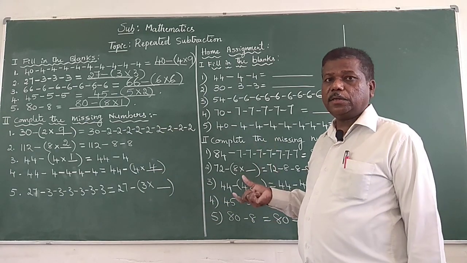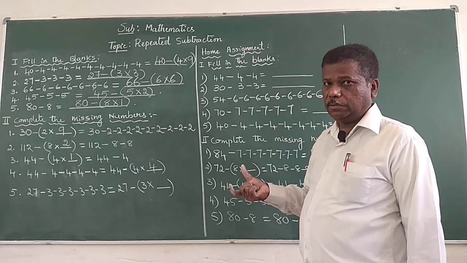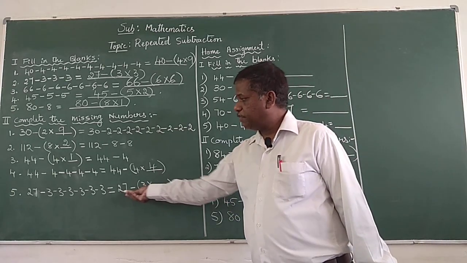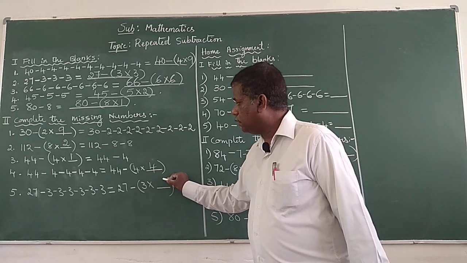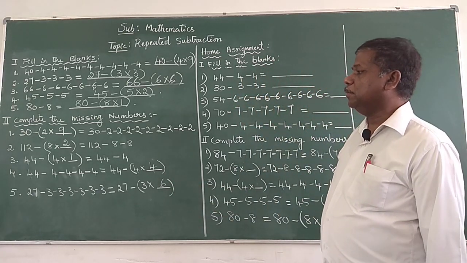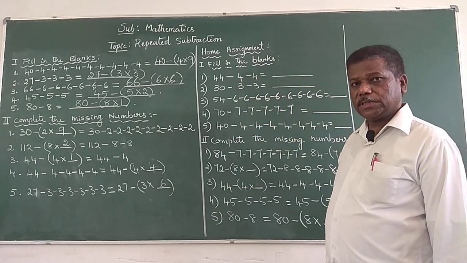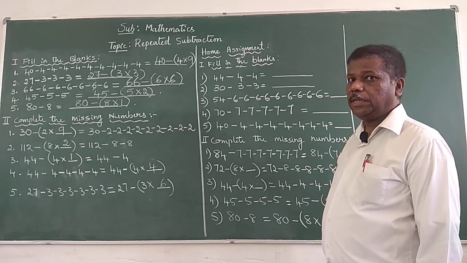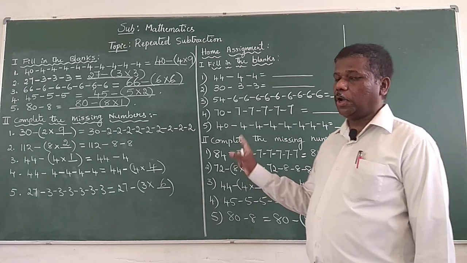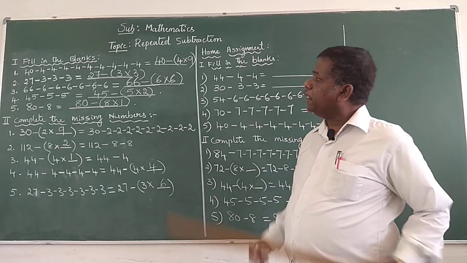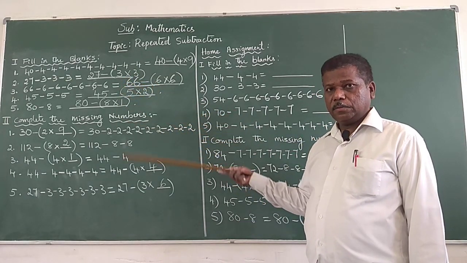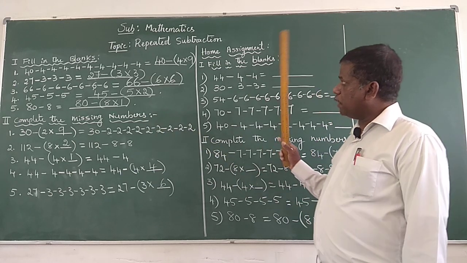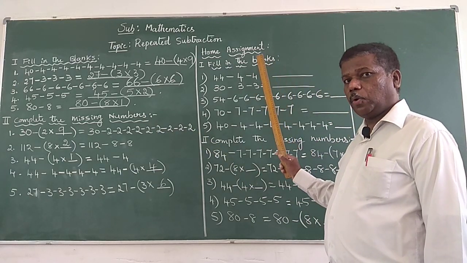So it can be written as an expression as 27 minus 3 multiplied by 6. So 3 is 6 times repeatedly subtracted from 27. Now are these two mains clear? Clear.